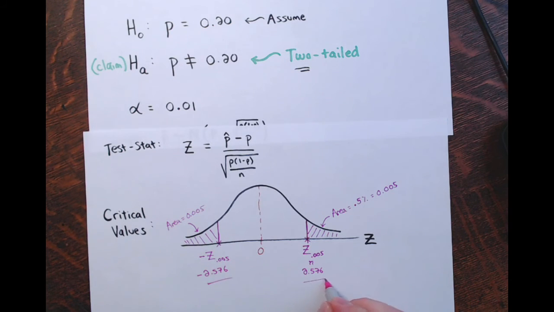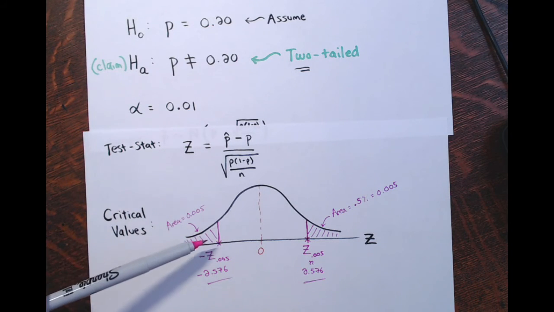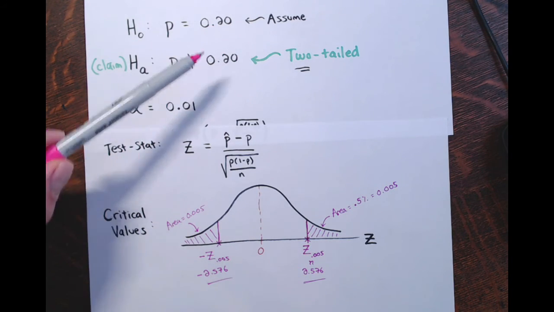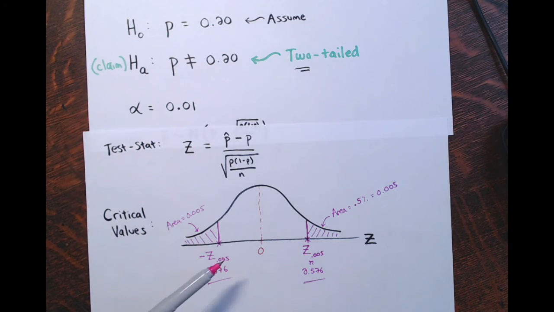And here are what are called the critical values, and those mark off the entry to our rejection regions. And if the test statistic is in the rejection regions, you're going to reject the null hypothesis. And if the test statistic is between those, then you're not going to reject the null hypothesis because you won't be in these tails, these two tails, these rejection regions.